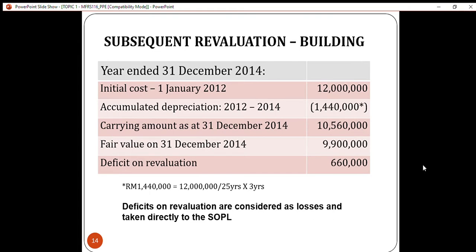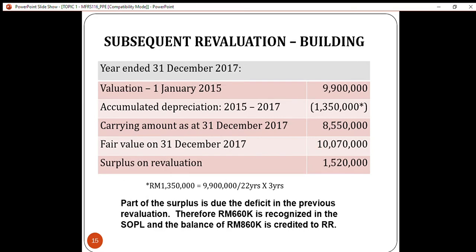And how about on 31st December 2017? On 31st December 2017, we have to find out whether there is a deficit or surplus on revaluation again. So as we all know, the valuation on 1st January 2015 is 9.9 million. This is the carrying value of the building, minus the accumulated depreciation from 2015 to 2017.